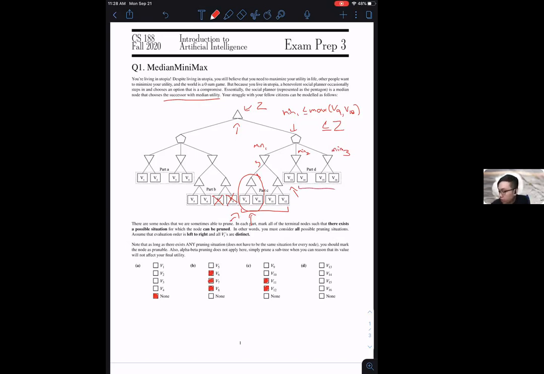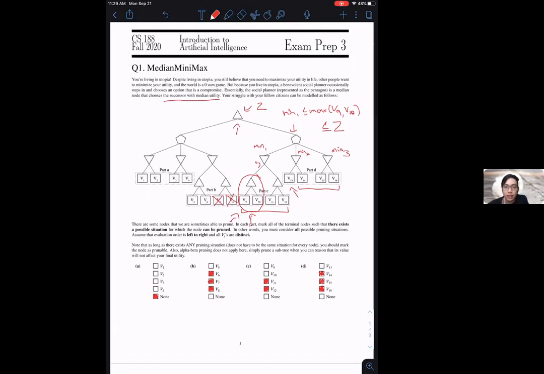Therefore, all of these other nodes right here are irrelevant in this case. And then we could potentially prune them if we know some other bound given min1 and min2's approximate values. Therefore, I can say I can also prune v14, v15, and v16. All right, and that's the end of problem 1.